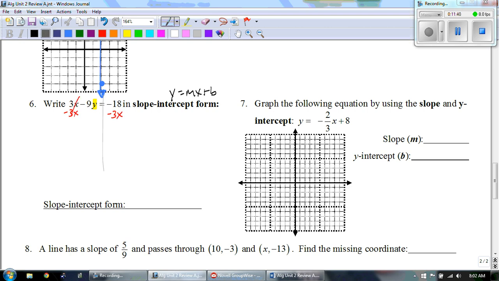So I have -9y equals -3x minus 18. To get the y by itself, I need to divide everything by -9. And then we get that y equals, we need to reduce that fraction, 1/3 x plus 2. So y equals 1/3 x plus 2.